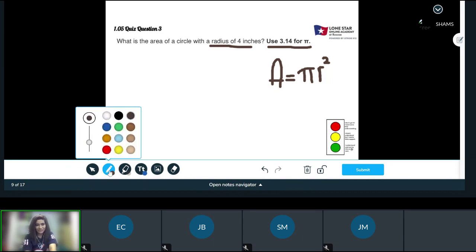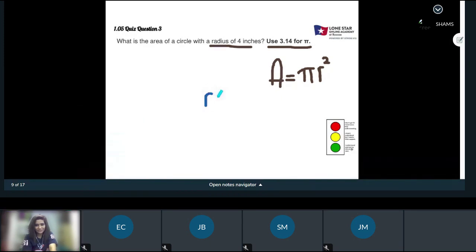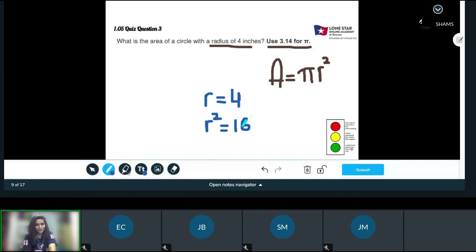And we saw that if radius is 4, radius squared is 16, 4 times 4. If you're watching the recording, you can always go back and look at the question right before this one, and we solved this question in detail.